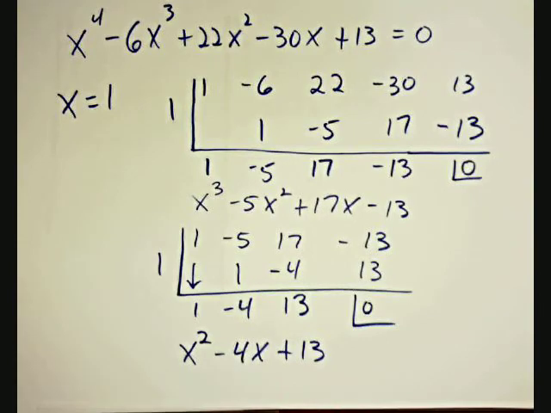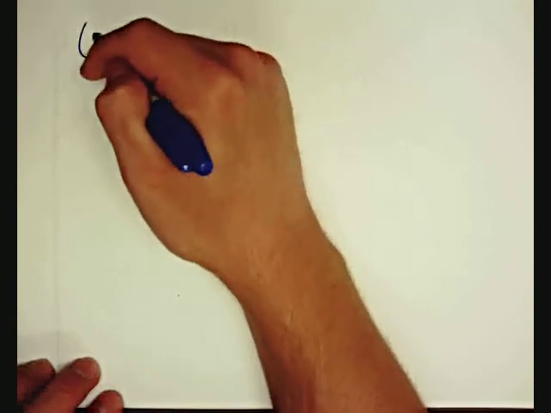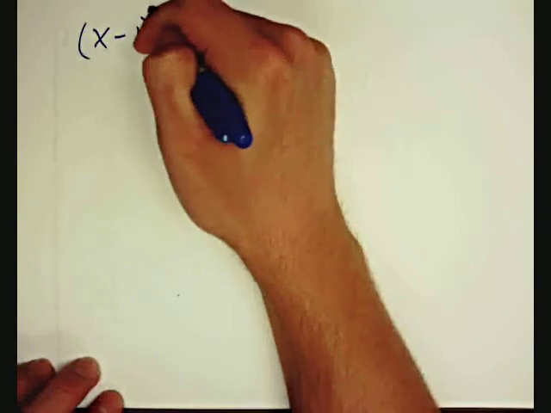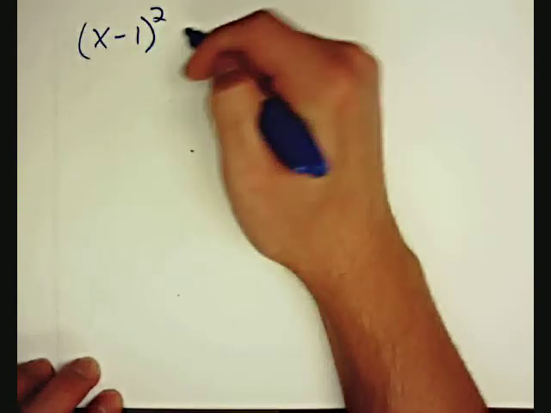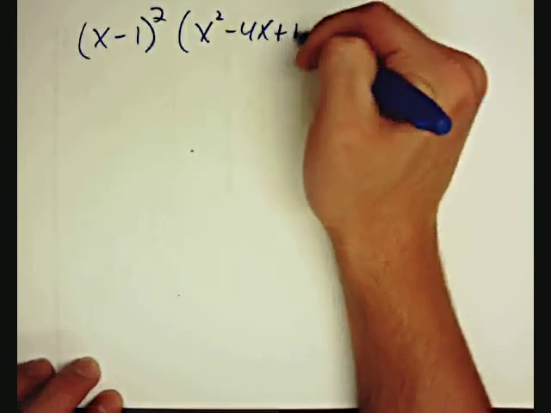Okay, so that gives us a way to factor our equation. We have, since x equals 1 is a 0, x minus 1 is a factor, and it's repeated twice. And our division gave us x squared minus 4x plus 13.